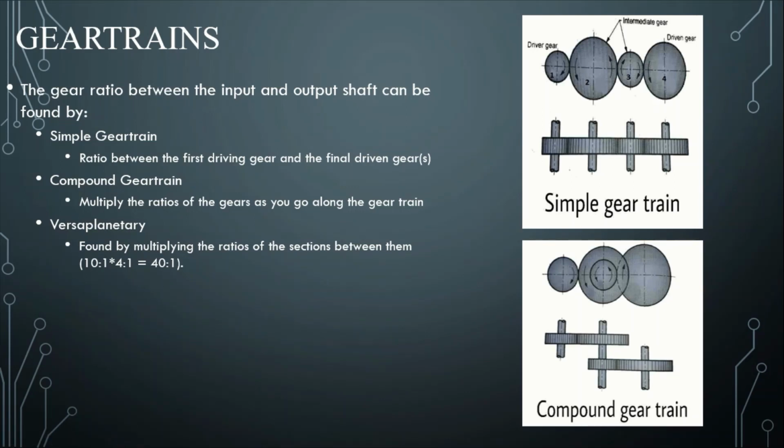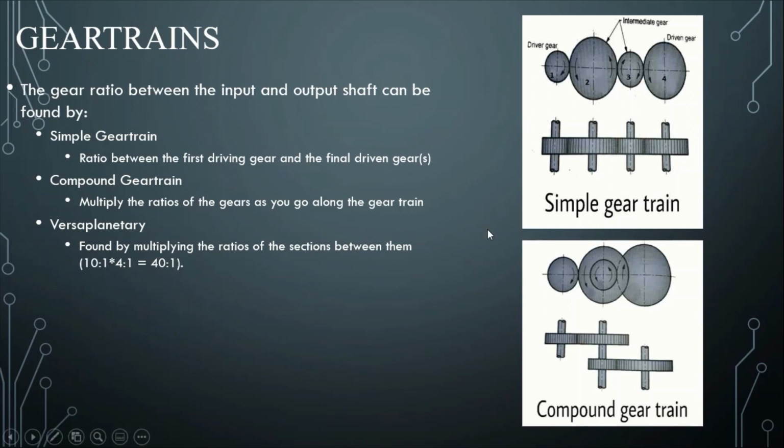Those are either for increasing your distance or for getting the right direction you want. In the case of this, since it doesn't really change the direction, it's most likely just for the distance.